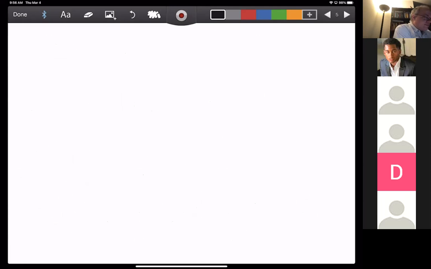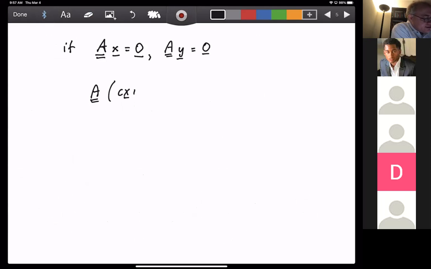So we've got this defined. We're calling it a space. Notice that if Ax is equal to the 0 vector and Ay is equal to the 0 vector, then matrix A multiplied by that linear combination of vectors is going to be C times Ax plus D times Ay.